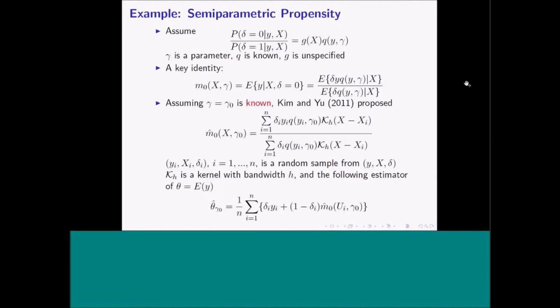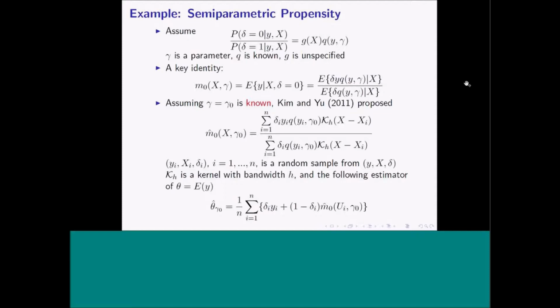Because of that, a paper by Kim and Yu in 2011 first assumed that this gamma 0 is known. In other words, the parametric part is known: gamma is equal to gamma 0. Once we have that assumption, then this part can be estimated, because once gamma 0 is known, then q is a known function.